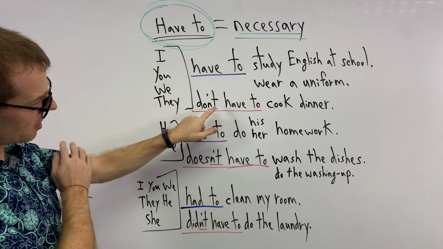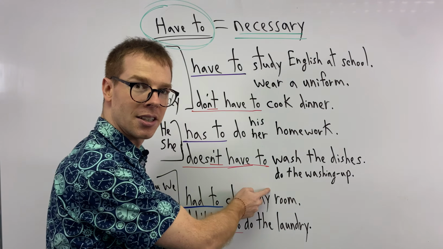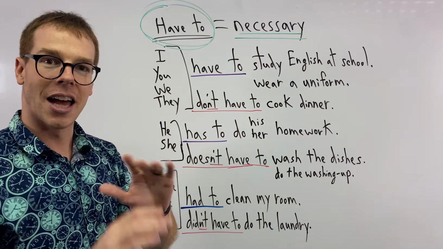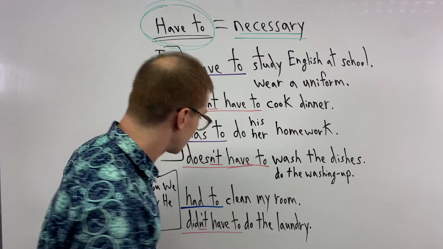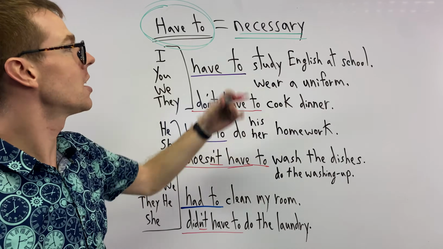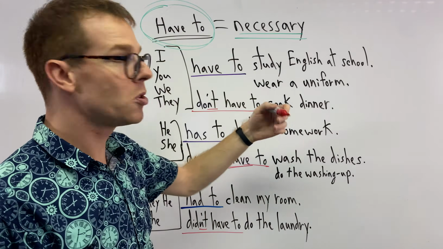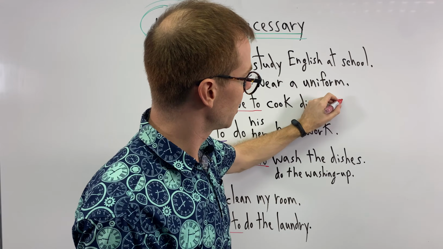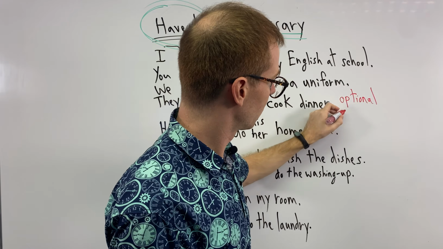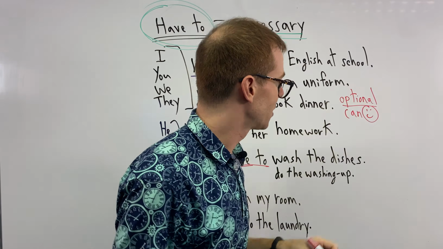Again, so what's this? If I say the "don't have to," or here's the "doesn't have to," is it necessity? Actually, no, right? If we say the no, that means it's not necessary for us, right? It's something maybe you can, but it's an option for you, right?